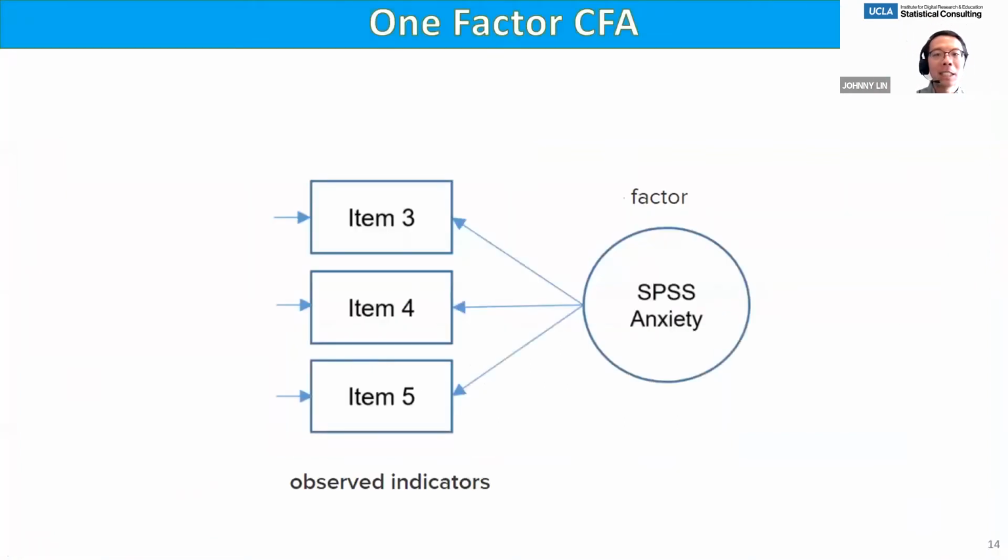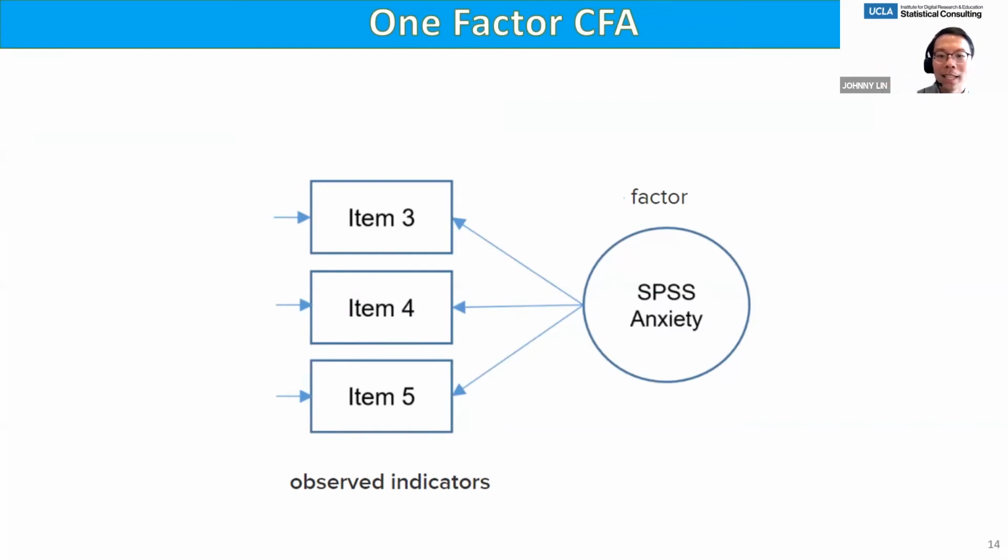This is basically what we're trying to do. We're trying to fit a one factor CFA with just the 3 items that we have in the SAQ. Item 3, for example, is "standard deviations excite me." Item 4 is "I dream that Pearson is attacking me with correlation coefficients," so I have nightmares about correlations. And number 5 is "I don't understand statistics."